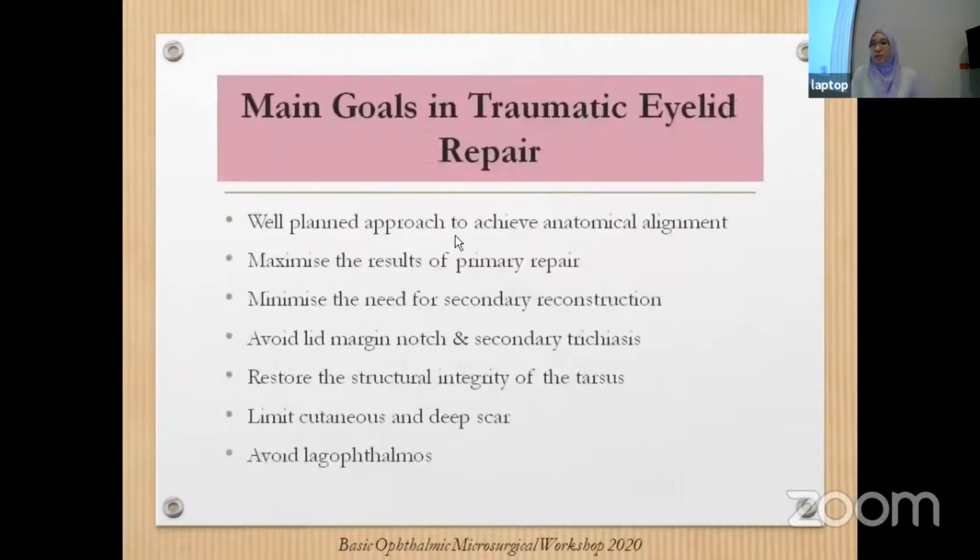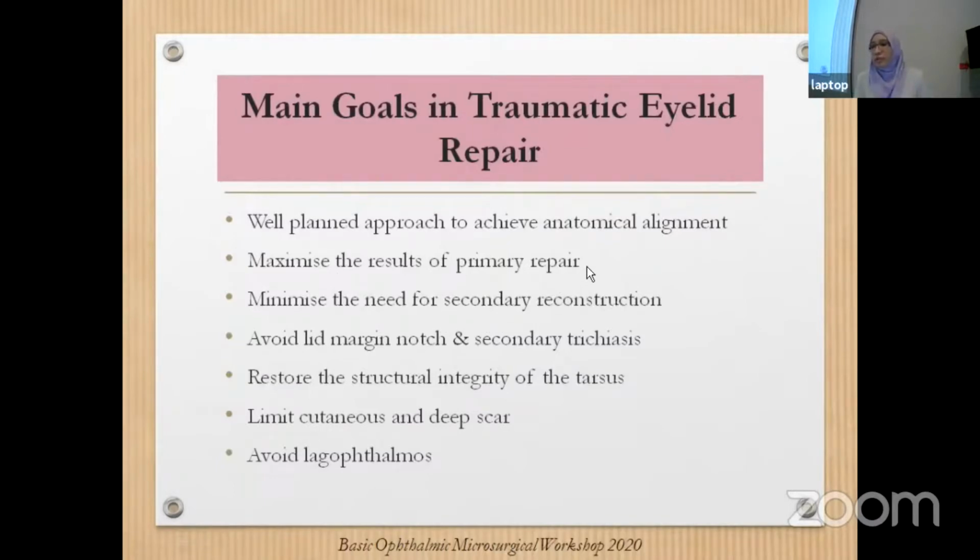The main goals in traumatic eyelid repair: a well-planned approach to achieve anatomical alignment. This is very important, anatomical alignment. We don't want to create post-repair complications, for example entropion. And then maximize the result of primary repair and minimize the need for secondary reconstruction.